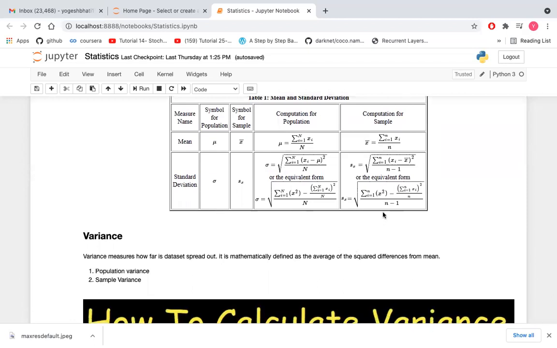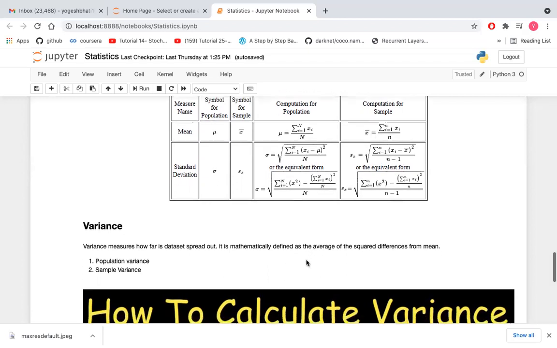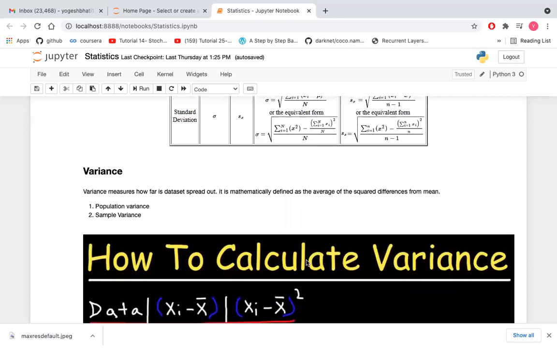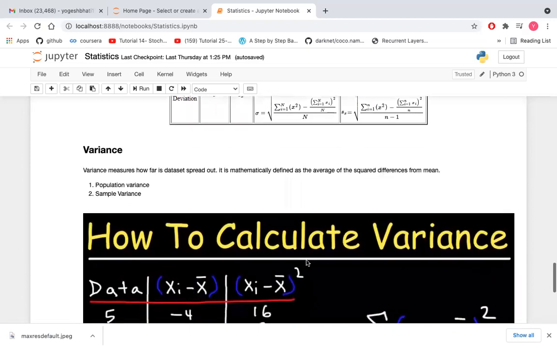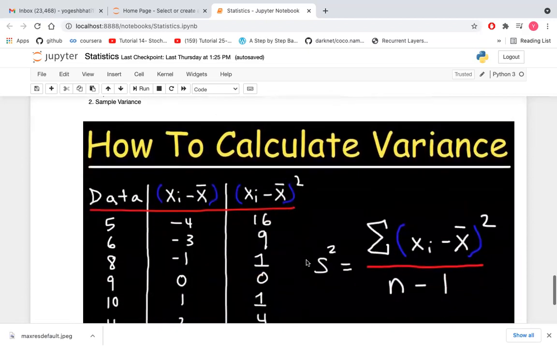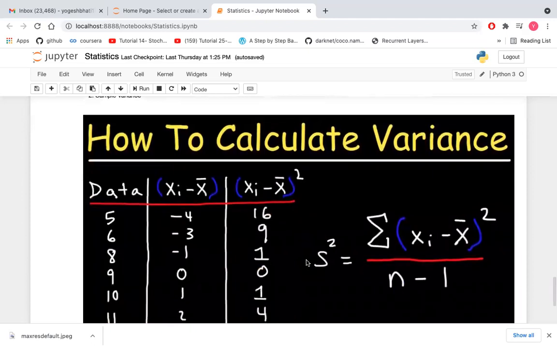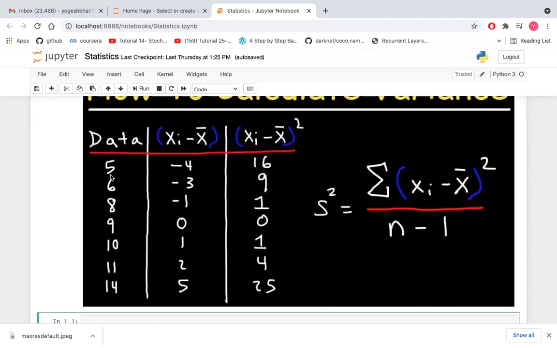There might be confusion about why we take n in the population variance and n minus 1 in the sample variance. For that we will discuss further. First, let's understand how to calculate variance using an example. Some data is given: 5, 6, 8, 9, 10, 11, 14.